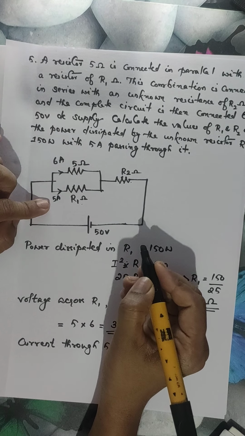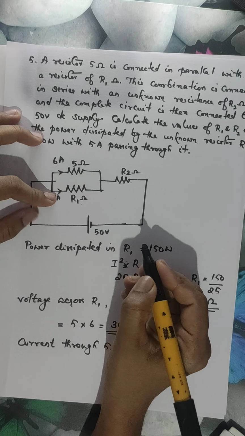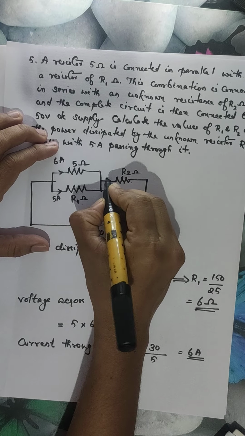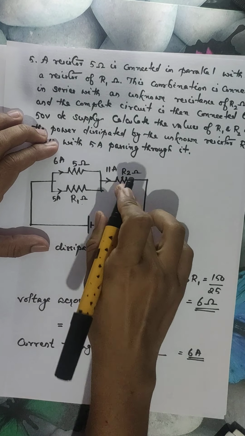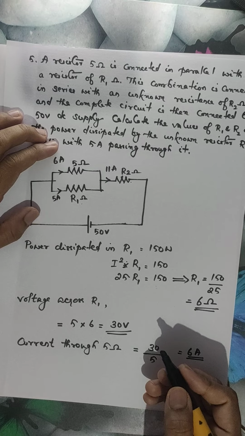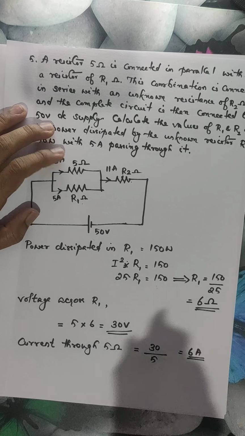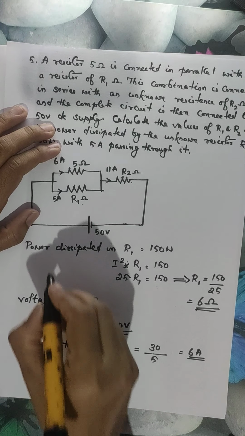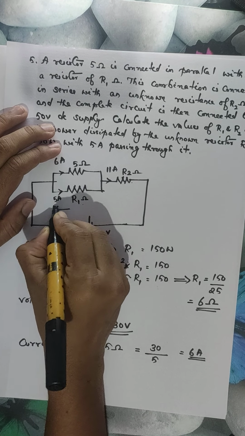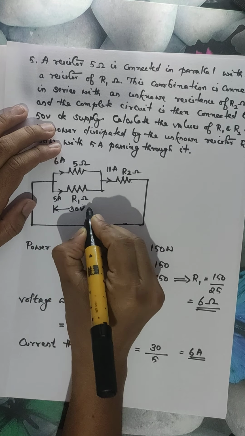So total current of this circuit will be 6 plus 5, 11 ampere. And this 11 ampere will flow through resistor R2. Now we know the voltage across this parallel combination is 30 volt.